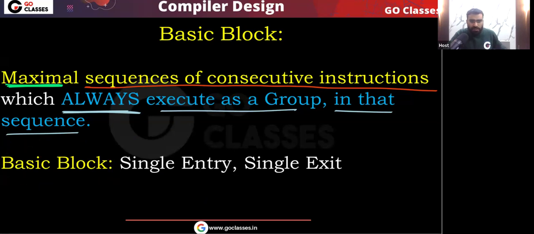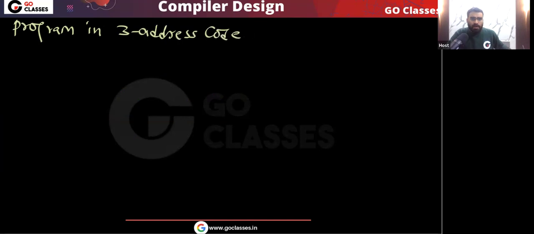So let me tell you what this basic block means. Let me explain. See, basic block is basically in your program. Let's assume your program is in 3 address code. Now, if this is your program, something like this, I1, I2, I3, I4, and so on.